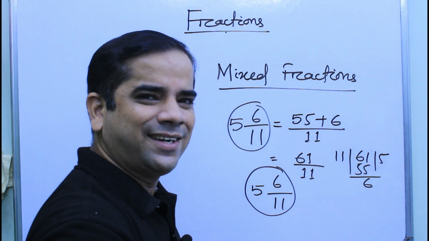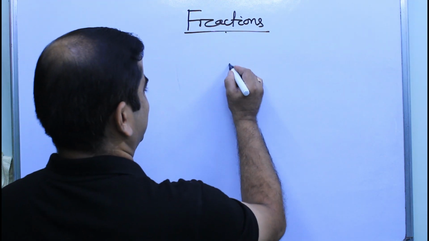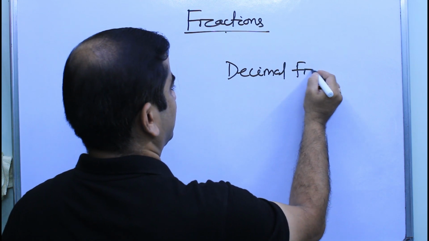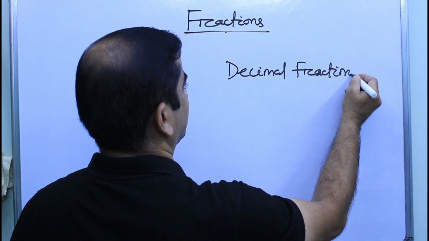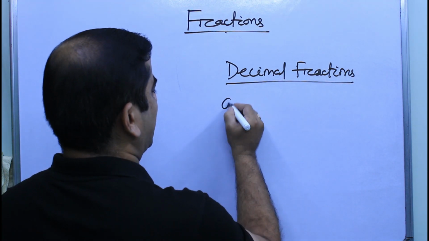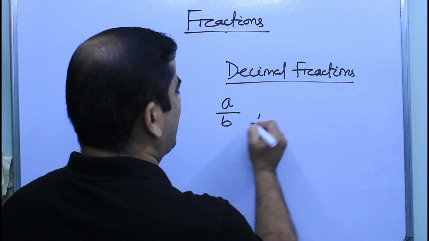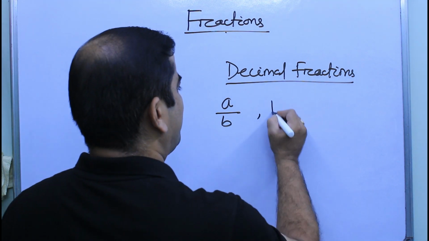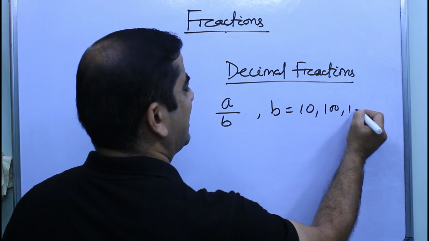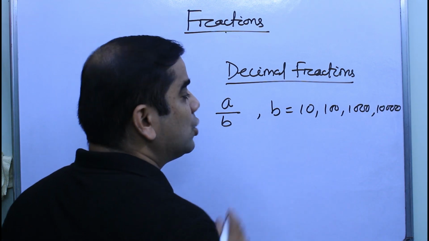Okay. Hope you understand. Students, let us now discuss decimal fractions. So, as we know that fractions are in the form of a by b, and what is a decimal fraction? Decimal fraction is a fraction where b is equal to either 10, 100, 1000, 10,000 and so on.